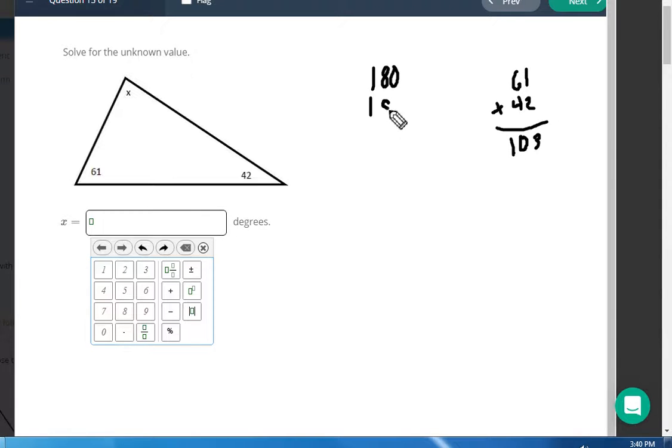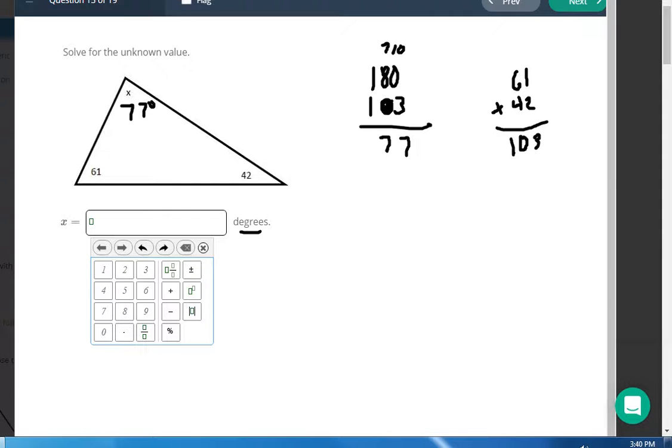So we need to subtract 103. We need to borrow. Okay, which is going to leave us with 7. So it's going to be 77 degrees. It's already written here for you.